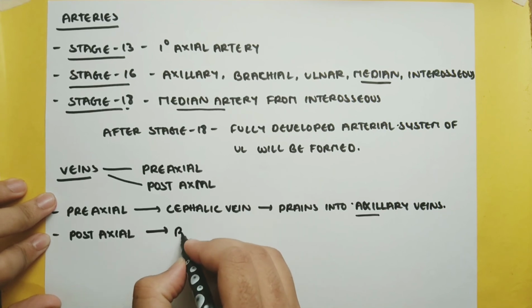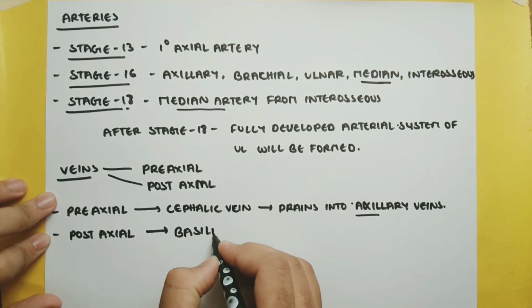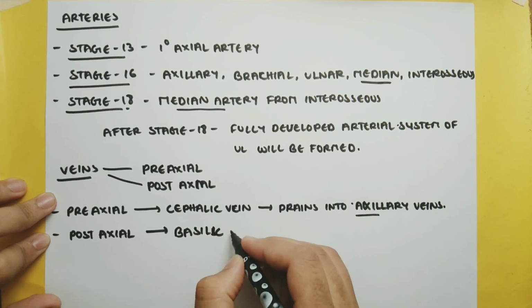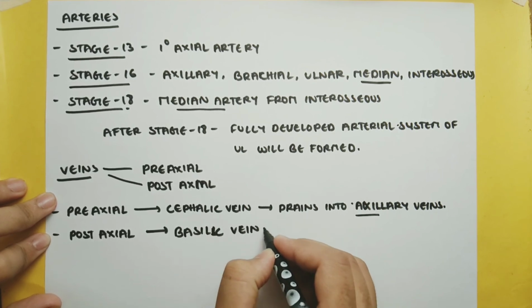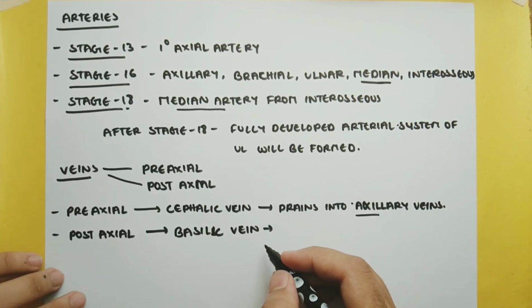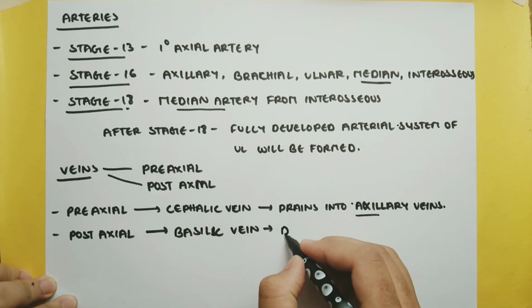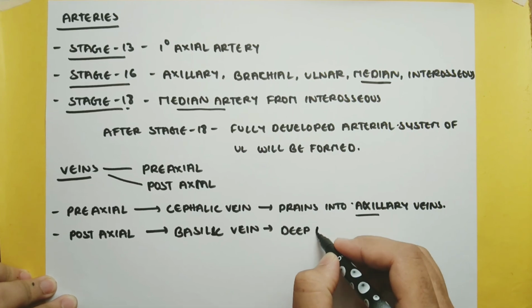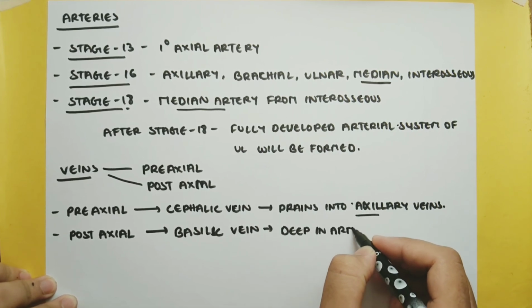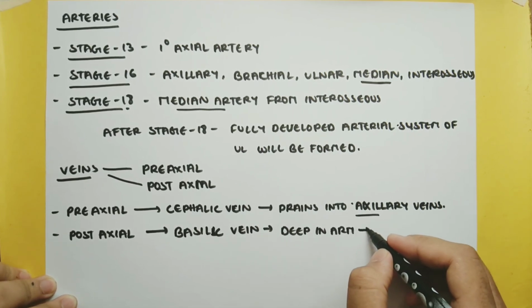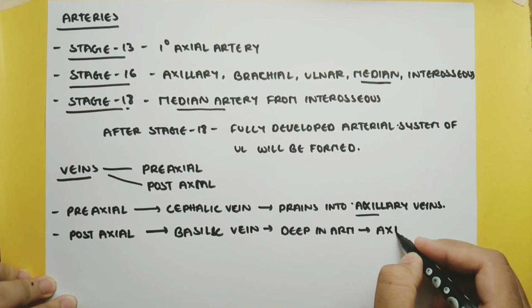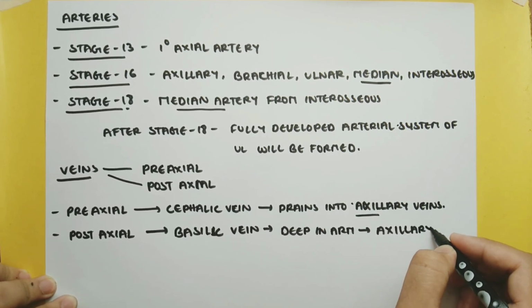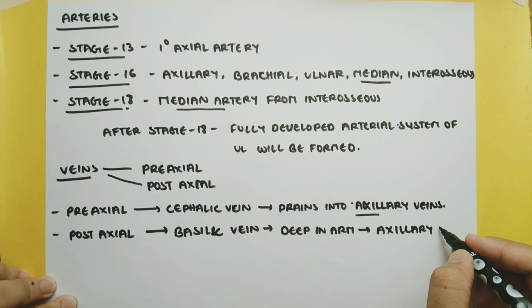It is also called as basilic vein, which passes deep in arm to continue as axillary vein.